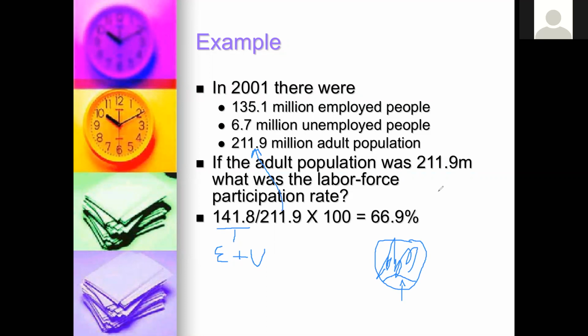So those are the two key things that we look at, the unemployment rate and the labor force participation rate, and then kind of flipping the labor force participation rate to get a sense of how many individuals are not in the labor force.